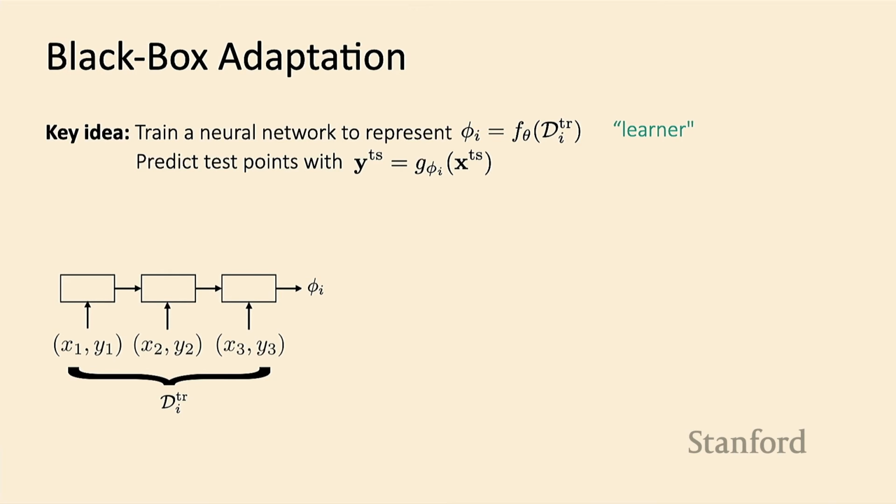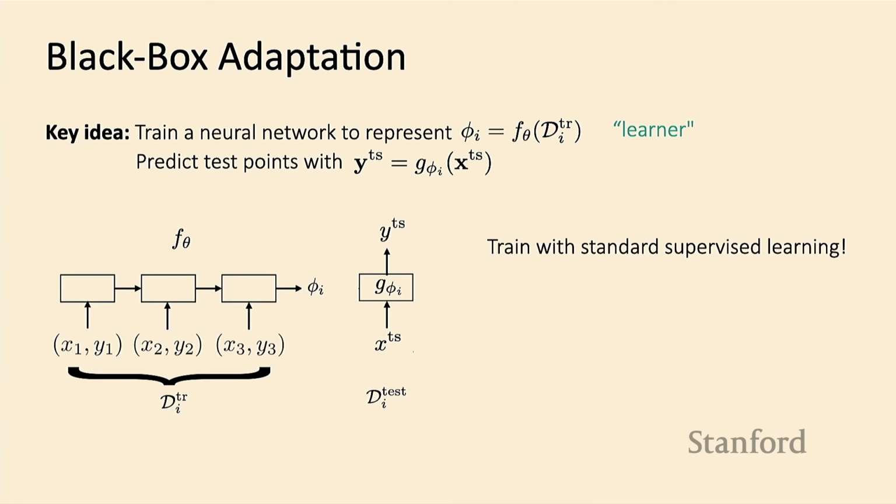Here's the RNN that we drew on the board. This is representing f_theta. And here's the second part of the network that we drew on the board as well, for the test examples. Then we can train the parameters theta with standard supervised learning. In terms of the loss function, negative log likelihood, which is cross entropy loss, or mean squared error, is typical for supervised learning.